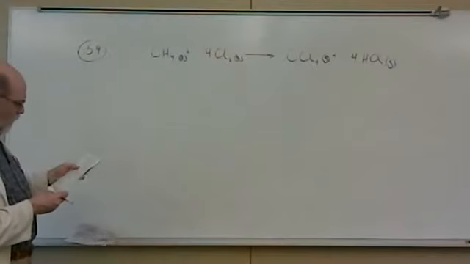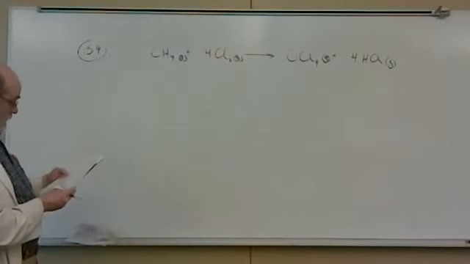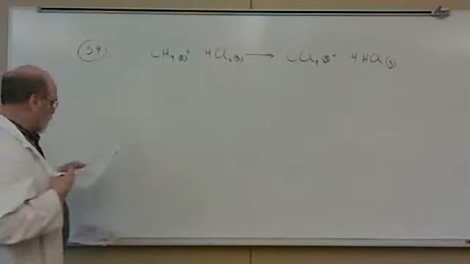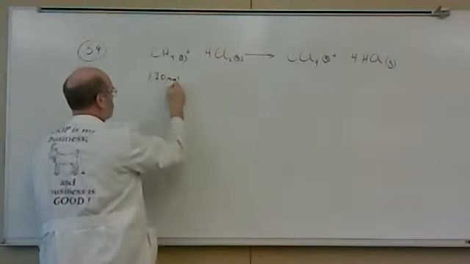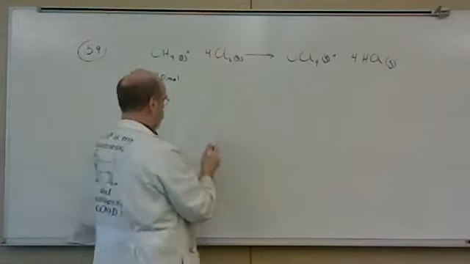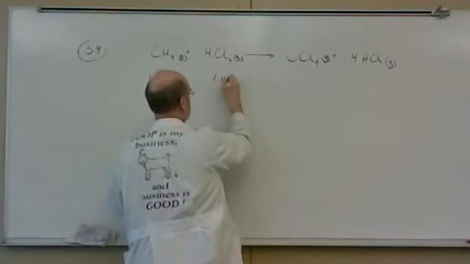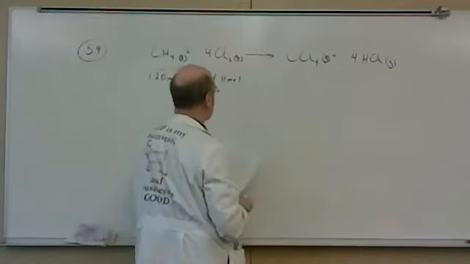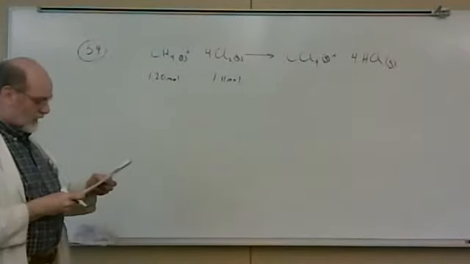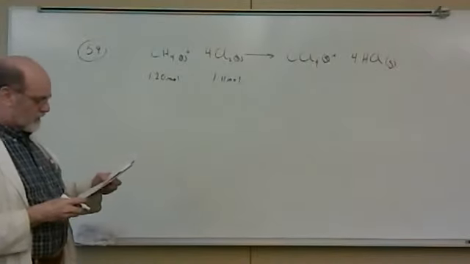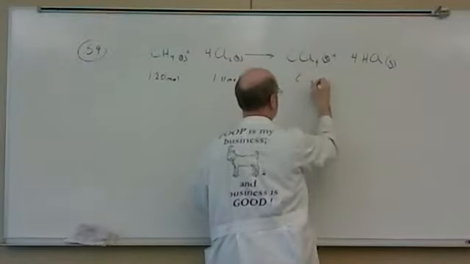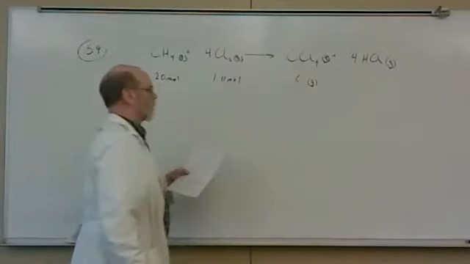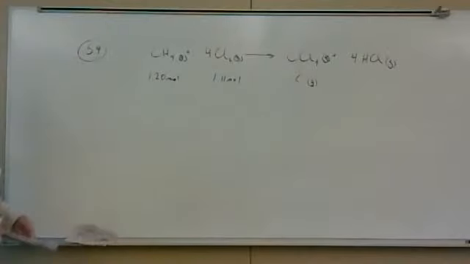Okay, so what else are we given? 1.2 moles of methane combined with 1.11 mole of chlorine gas. And the question is, what mass of carbon tetrachloride will be produced by this reaction?